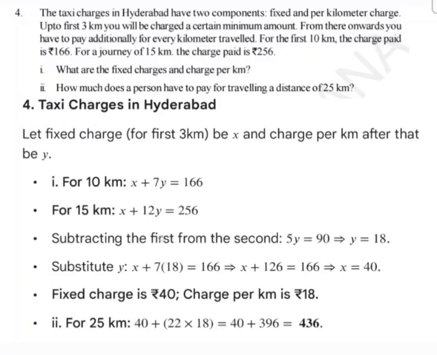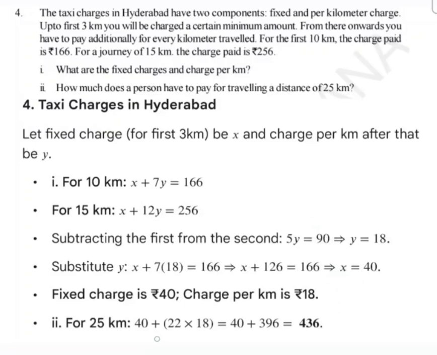Now solving these equations, 12 minus 7 equal to 5y, 256 minus 166 equal to 90, and y equal to 18. Now substitute this value in an equation, you will get x value is 40. The fixed charge is 40 rupees. Charge per kilometer is 18 rupees.